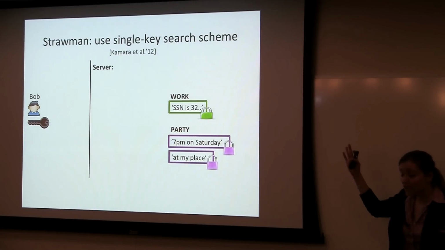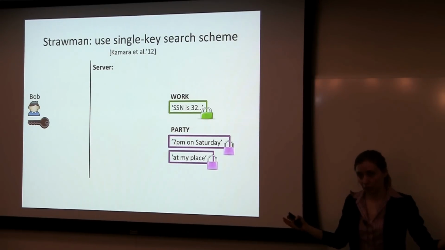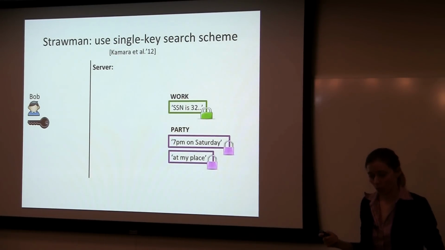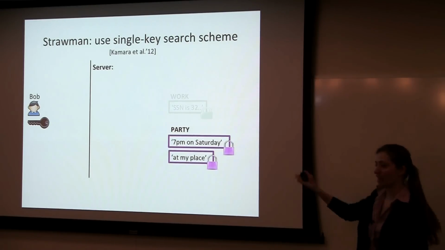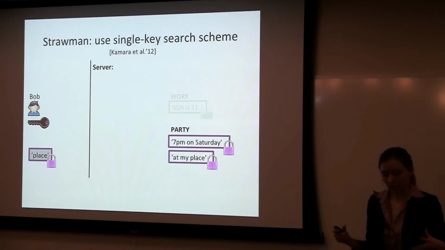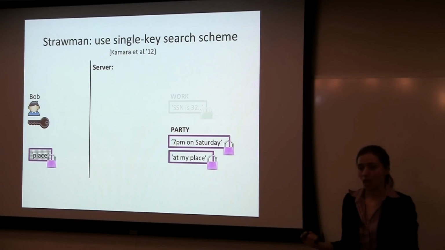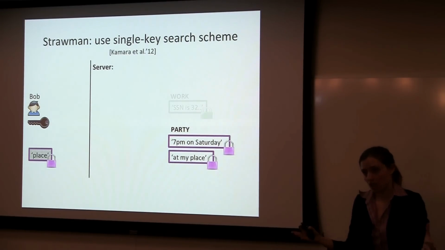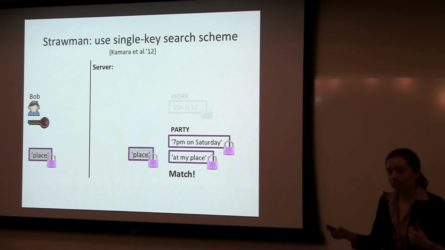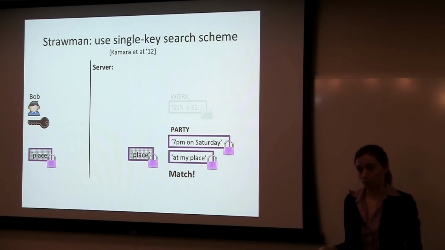We actually have encryption schemes already in the literature for searching over data encrypted with one key. So here's how those would work. Assuming we just have the data encrypted for the chat room party, Bob is able to take a word he wants to search for, let's say place, encrypt it under the same key with a slightly different algorithm, and send it to the server, and the server can identify the match using these schemes.